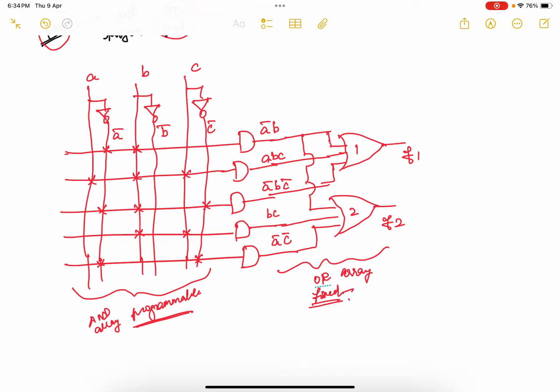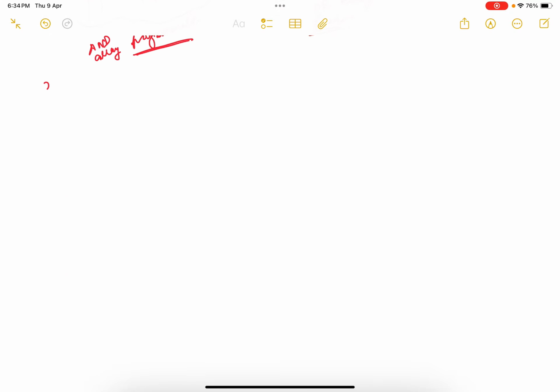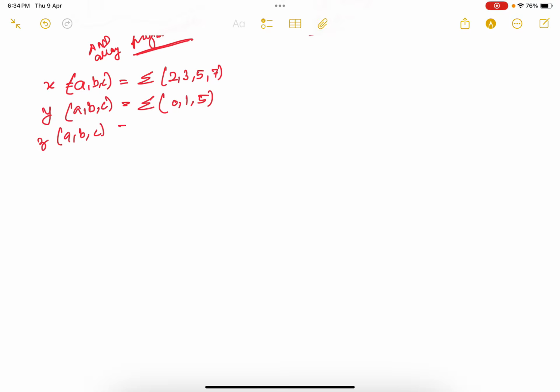But if you are not given any output expression, for example, I am given x of a comma b comma c is summation of 2 3 5 7, and y of a comma b comma c is summation of 0 1 and 5, and z of a comma b comma c is nothing but summation of 0 to 3 and 5.